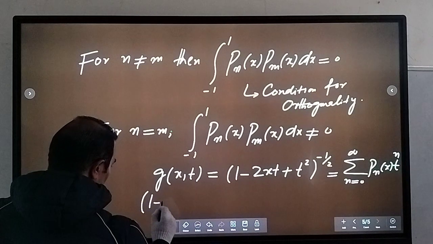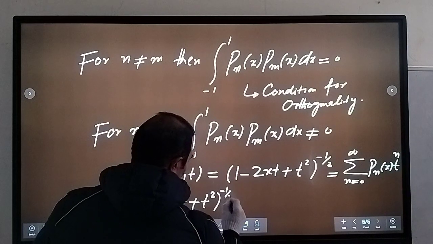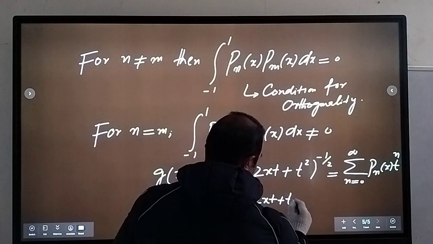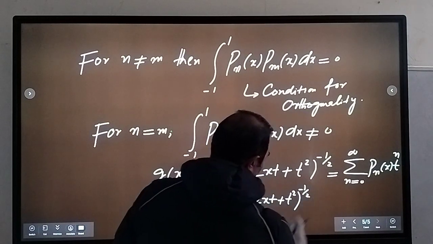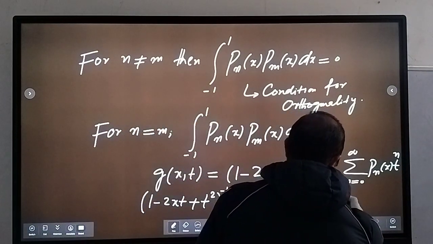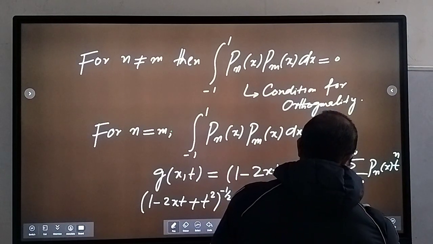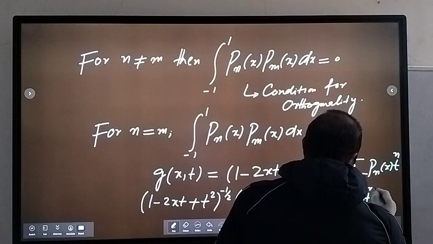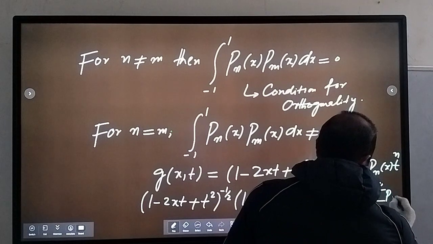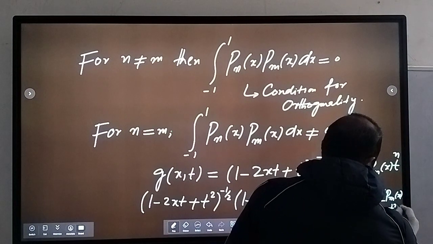So I can write 1 minus 2xt. I basically multiply it by one more function so that I can define it.